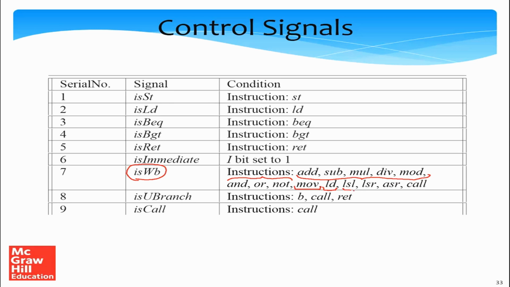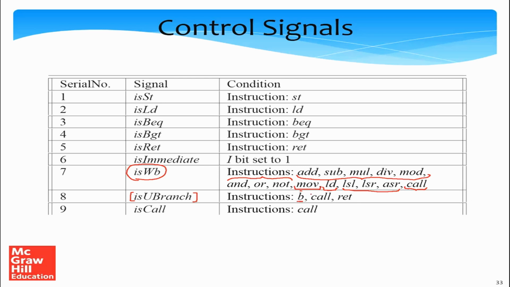Then we have the 3 shift instructions that write to a register. And we have already discussed the case of the call instruction, which writes to a register. Mind you, this is implicit, in the sense that when we call a function, the return address is written to the return address register. We have discussed the case of is U branch, is unconditional branch. So definitely the B instruction will be in that.